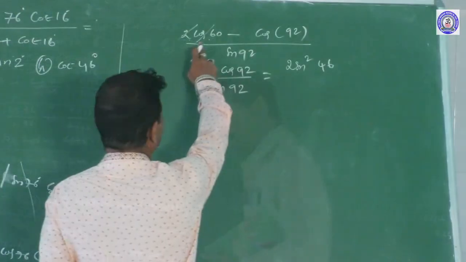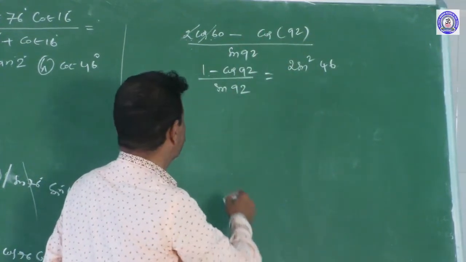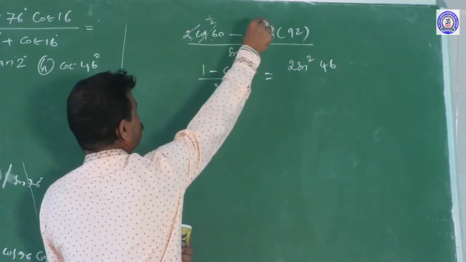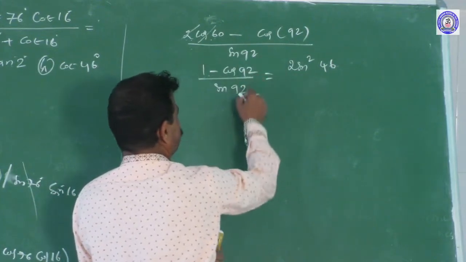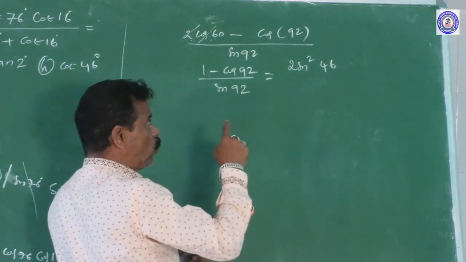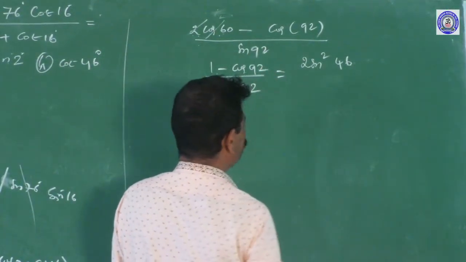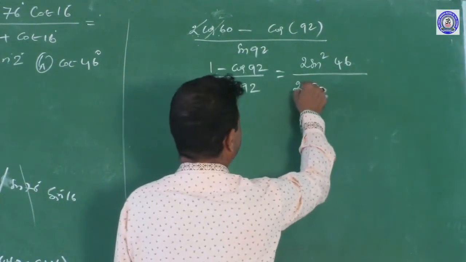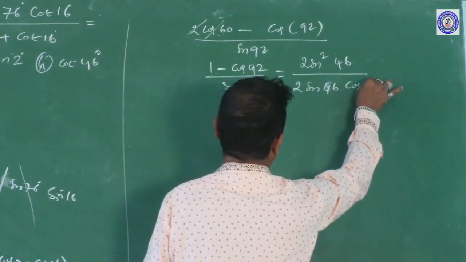So we get cos 60 minus cos 92, divided by sin 92. Cos 60 value is 1 by 2, so the 2 cancels. Here 1 minus cos 92 over sin 92, this is 1 minus cos theta, which is 2 sin square theta by 2, so 2 sin square 46, divided by sin theta, which in half angle is 2 sin 46 cos 46.